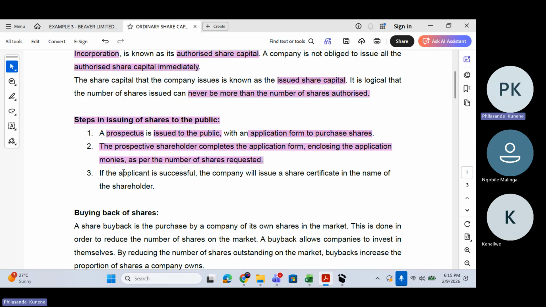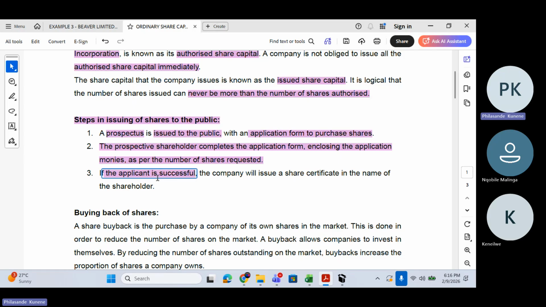Which means I'm going to send back the application form to the company that I want to buy shares in, together with money to pay for the number of shares that I'm buying.